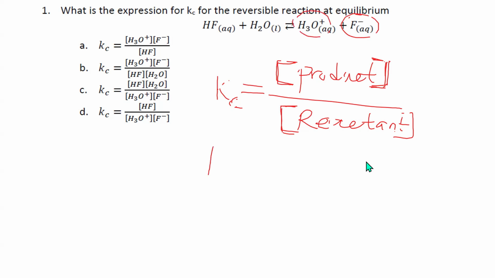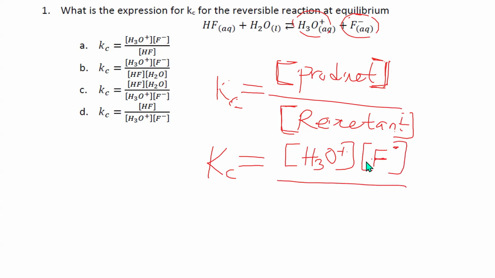So our Kc now is going to be the concentration of product, that is the concentration of H3O plus times the concentration of fluoride ion, then divided by the concentration of HF times the concentration of water.